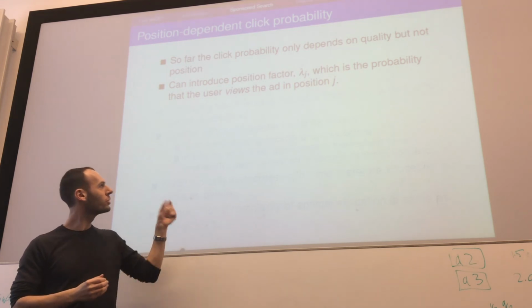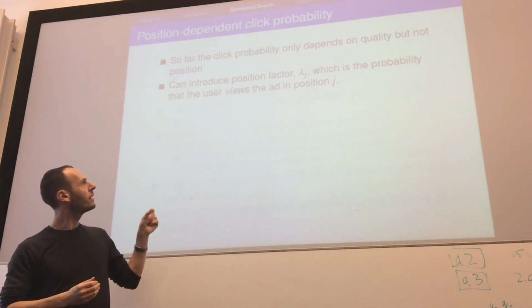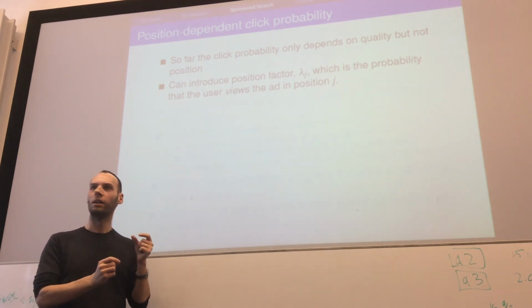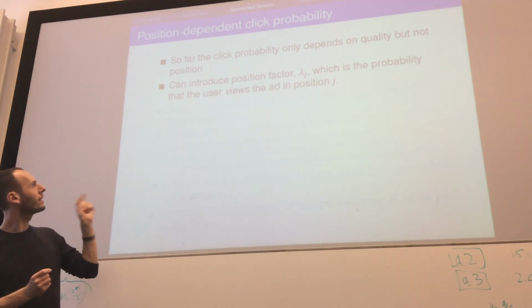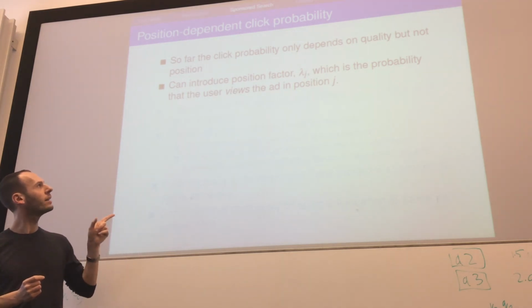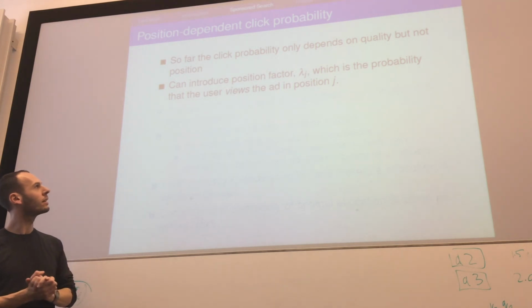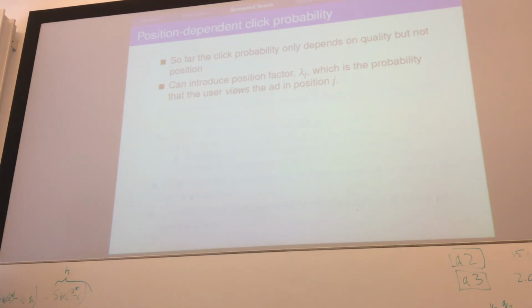If the user views the ad, then he will click with probability q_i, but the probability that he actually views the ad in the first place is given by this probability lambda j. Normally, in most cases, you would scan the page from top to bottom, so lambda j will be higher for the top positions. So you will have a high probability of viewing ad j.